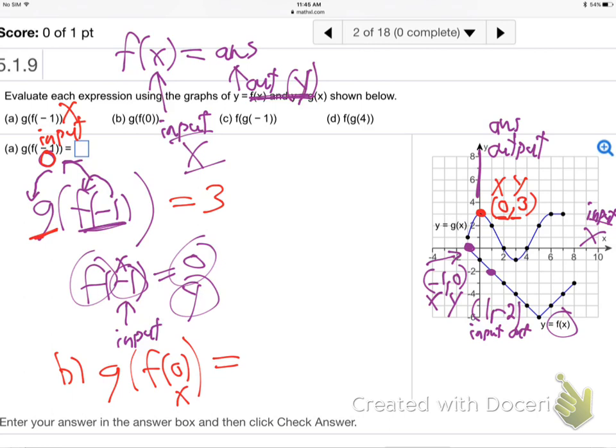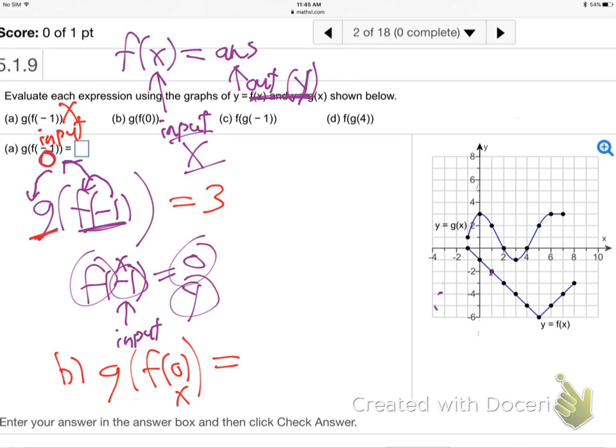You already put it down though. No, X value of 0, on the F graph. So it's this point right here, over 0, down 1.